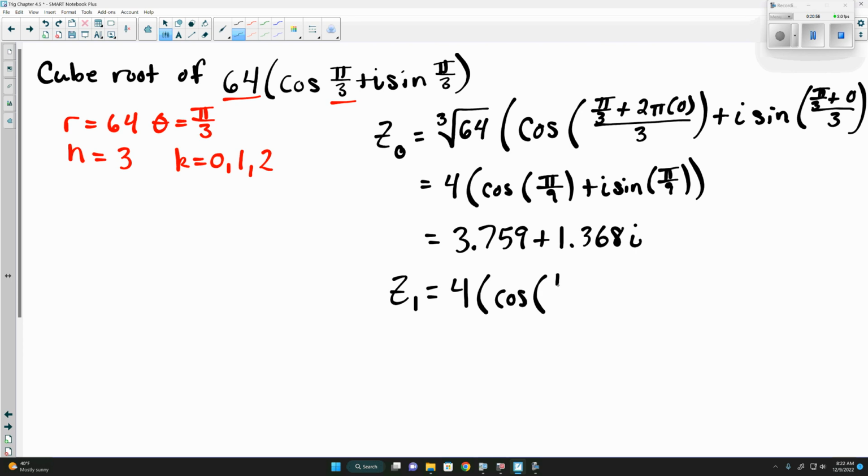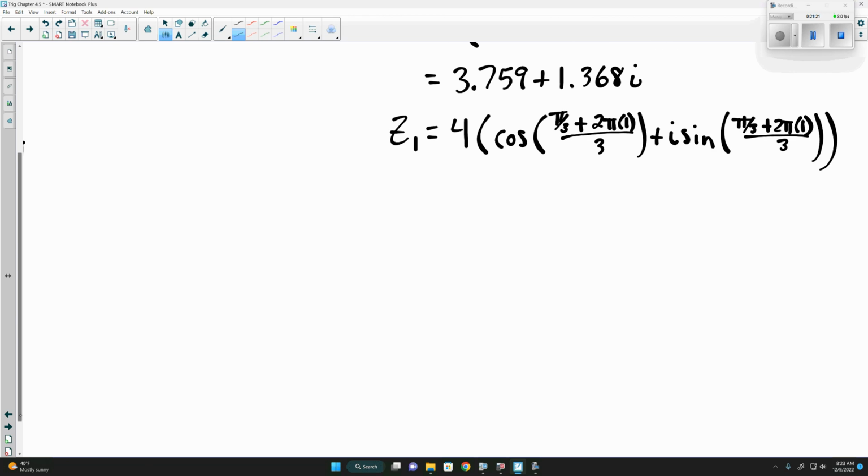And our next one's going to be pi over 3 plus 2 pi times 1 over 3 plus I sine of pi over 3 plus 2 pi times 1 over 3. Questions on this so far?